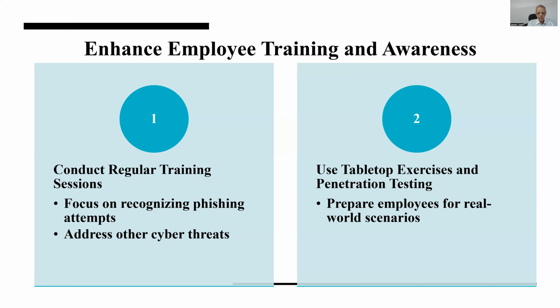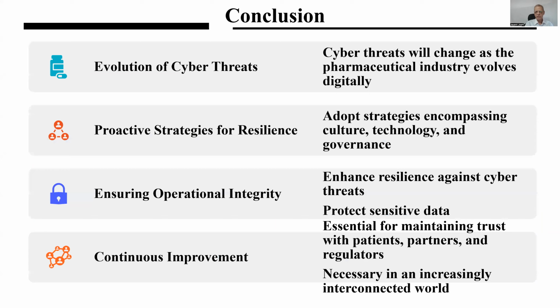So regular training sessions are a must, and they should focus on phishing attempts or any other cyber threats which are coming up. And we must do actual tabletop exercises on how those things happen, and give employees real-time scenarios: if such things happen, how will they protect that information?